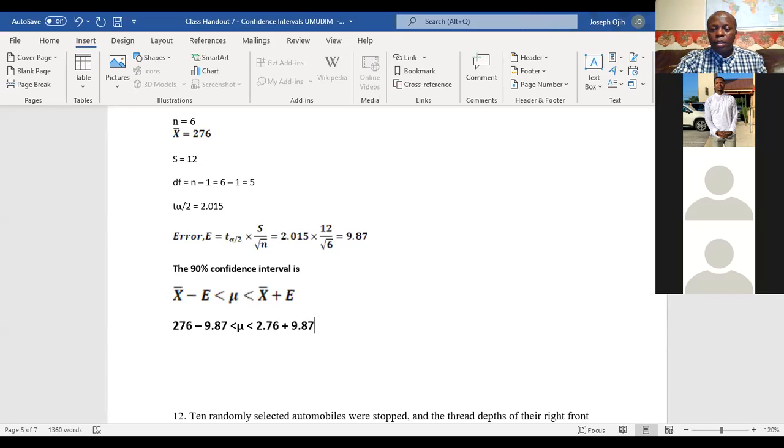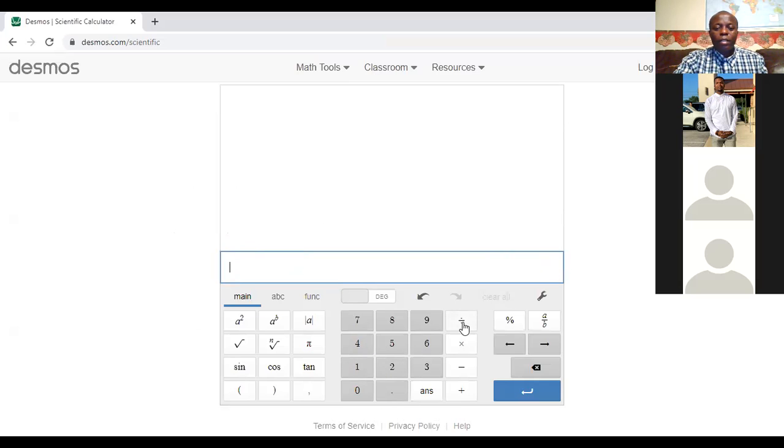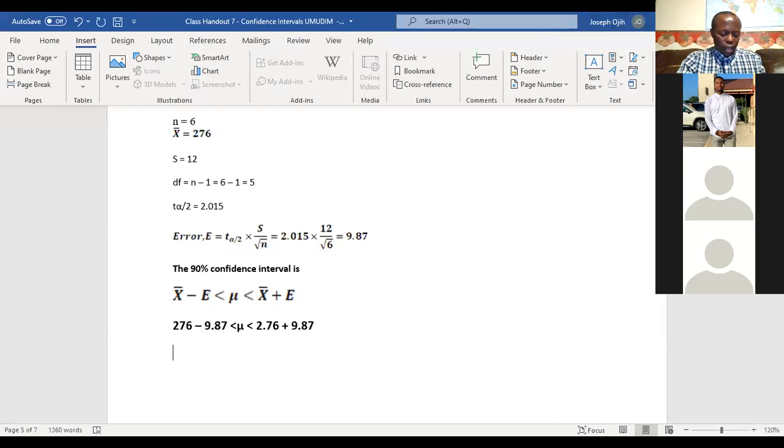Sorry, my mistake. 276 minus error 9.87 gave me 266.13 pounds. 266.13 pounds, that's the left side: 266.13 pounds less than the mean.